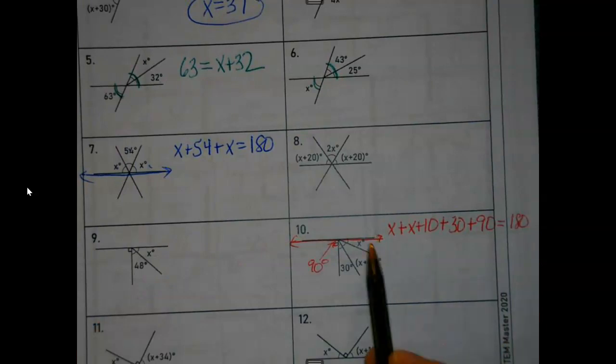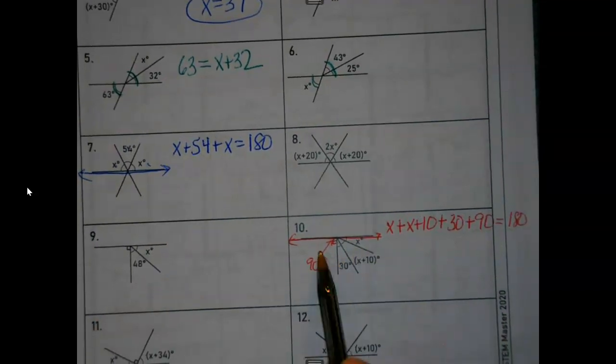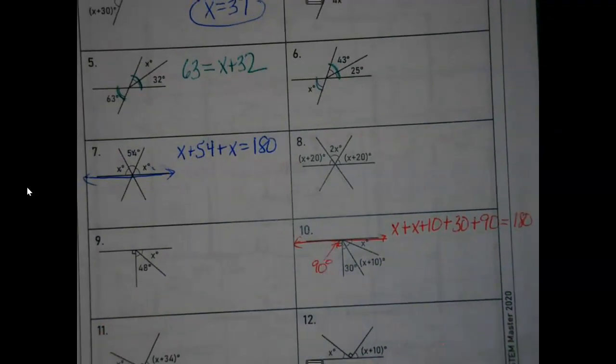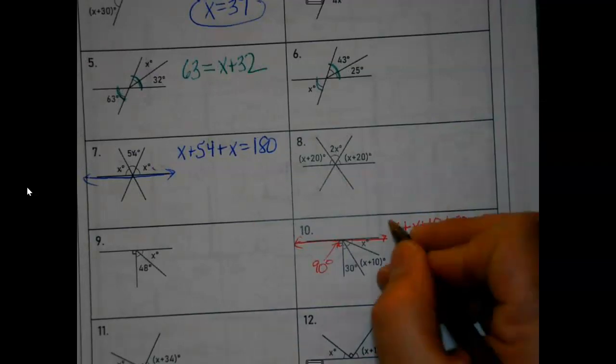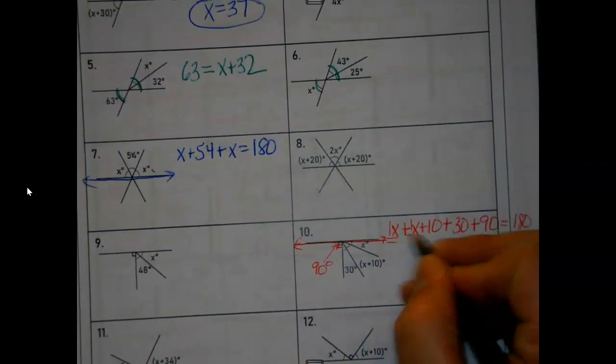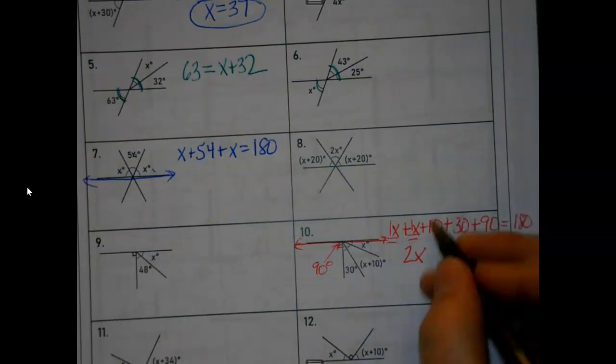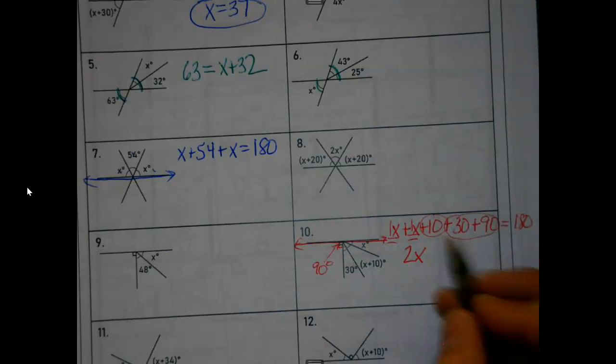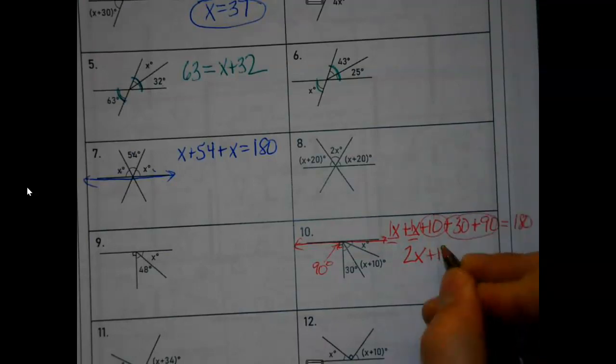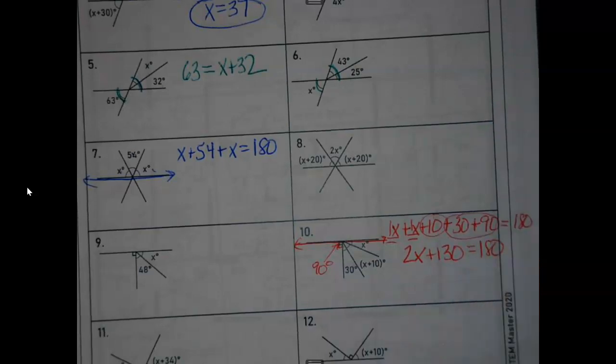So all 4 of those angles, sure, if that makes sense to you, you absolutely could combine my like terms here. And that's what I've got left to solve.